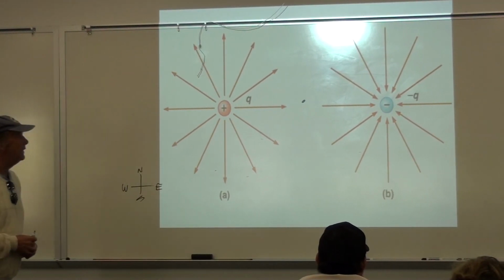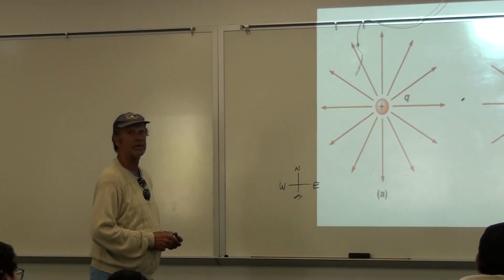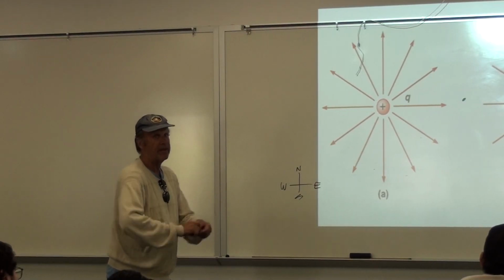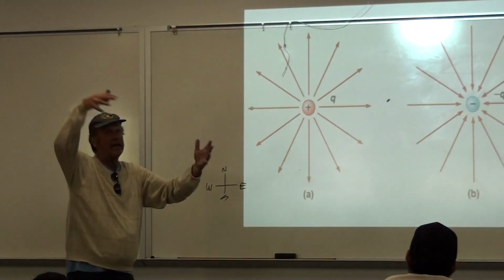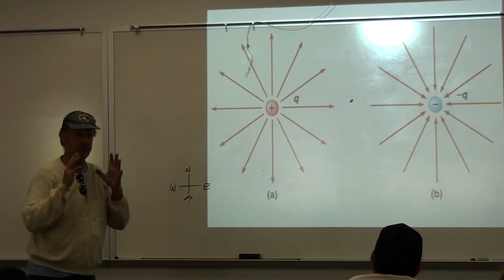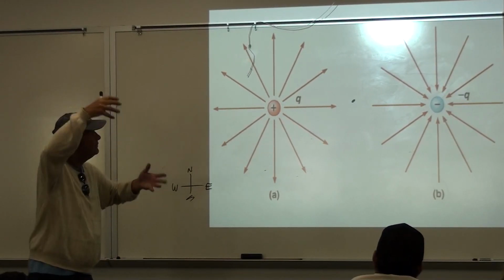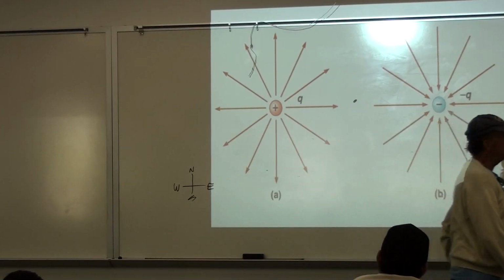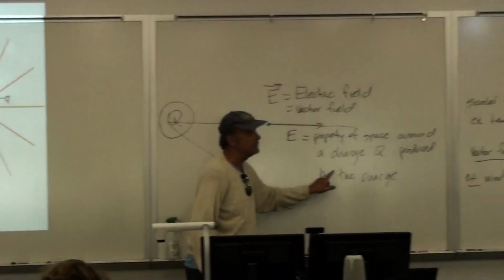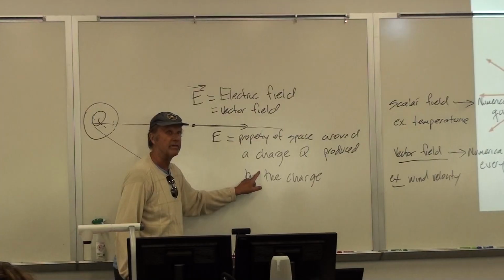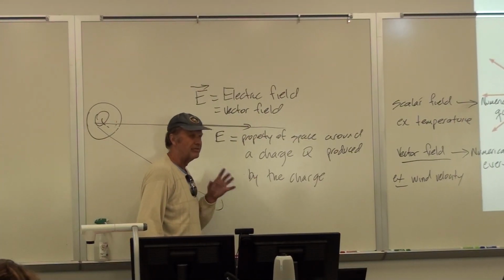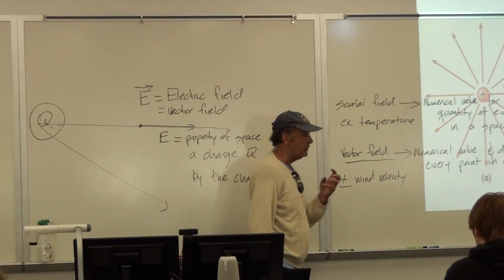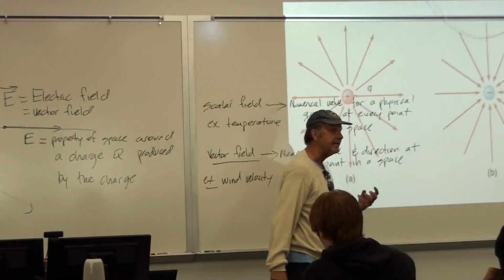Okay, and so this is a similar kind of thing. We have gravitational fields that extend out in a spherically symmetric fashion away from masses. We have electric fields that extend out. And so this is just a way of measuring the disturbance in the space that is produced by the charge. And when you try to get down deeper than that, say, what is it really?